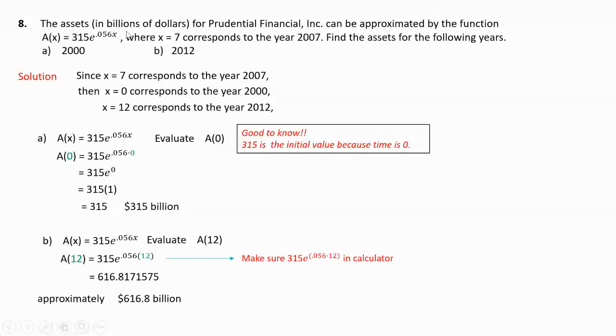Most of the time in these problems, they round off to the nearest tenth. So this will give us $616.8 billion. It depends on your homework in the book or MyMathLab, if they want you to round off to the tenth place or to the hundredth place, but in this case I just rounded off to the nearest tenth, which is 616.8.